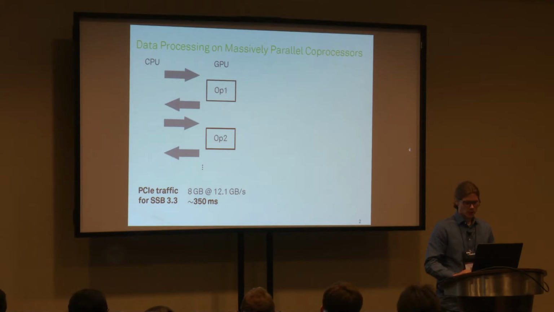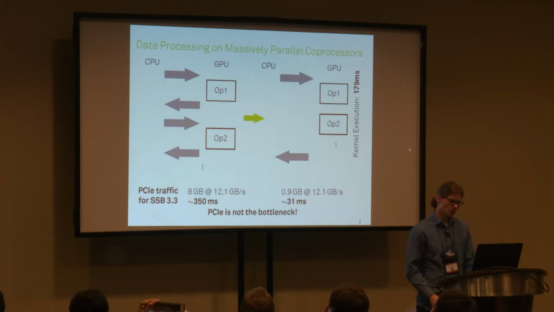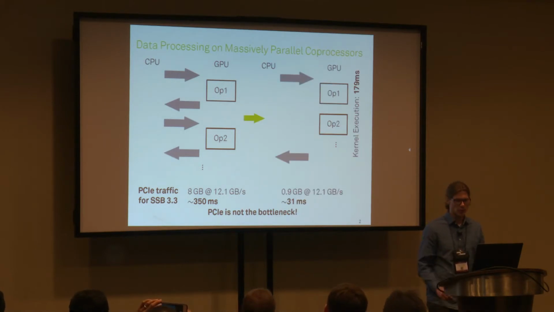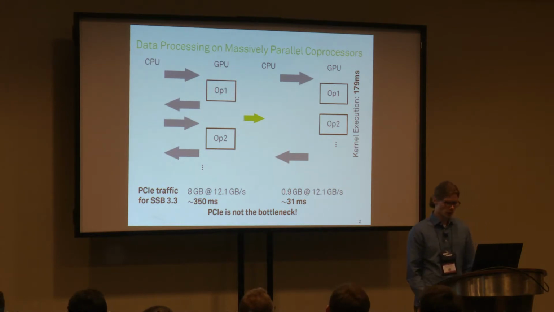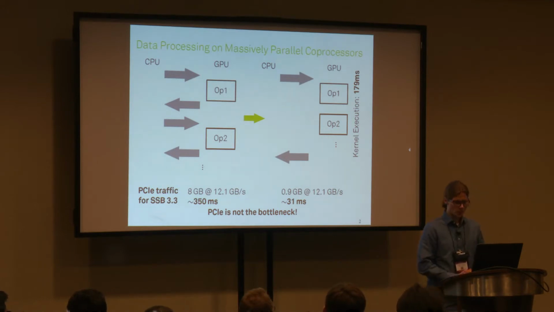By reorganizing this with a simple technique, we can keep the intermediate batch results on the coprocessor and pick them up instead of transferring them back. This works when intermediate batch results like hash tables have enough space on the coprocessor. In this way, we reduce the transfer volume from 8 gigabytes to 0.9 gigabytes, which is a big reduction in transfer time to 31 milliseconds.